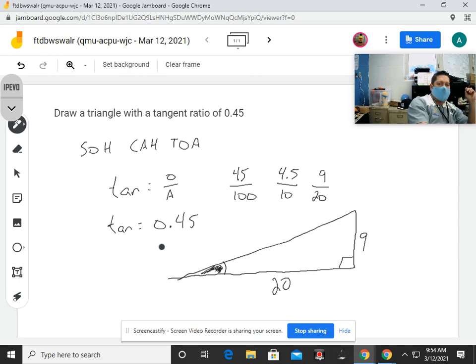So all I want us to understand is we're comparing sides. And if you were to draw this to scale, the tangent of 45, 9 over 20, however you wrote it down, this is pretty much half of that.